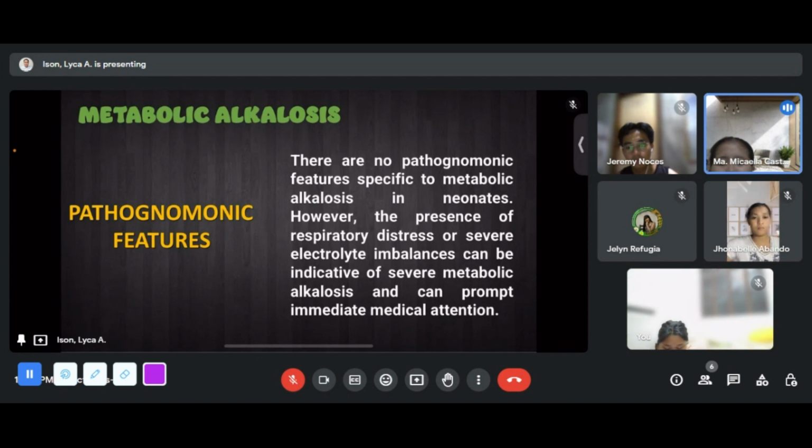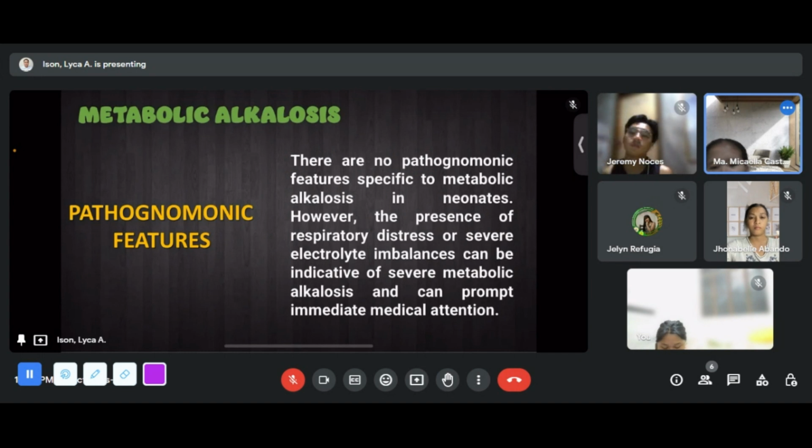However, the presence of respiratory distress or severe electrolyte imbalance can be indicative of severe metabolic alkalosis and can prompt immediate medical attention. Next.